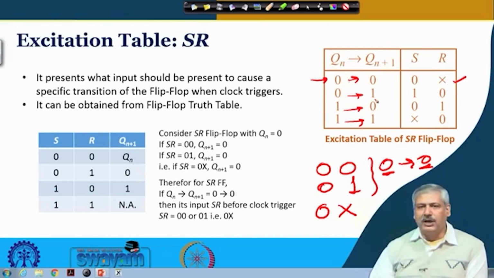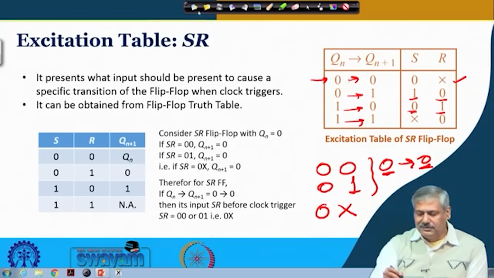So for 0 to 1, the previous value was 0, the next value is 1. You can understand from the truth table that the input required is 1 and 0, it is becoming set. 0 0 will not help because the previous value will be retained. If you put 0 0, then 0 will remain 0 only. So the only option left is 1 and 0.